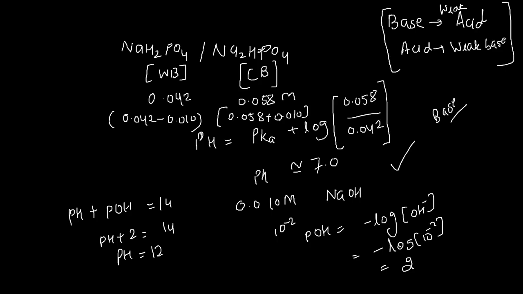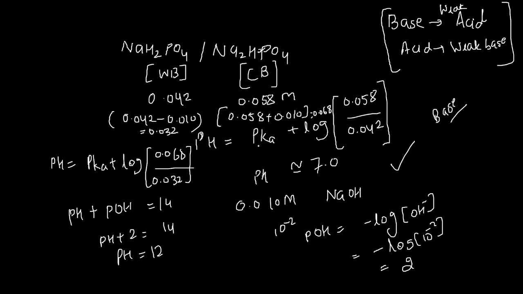So when you do this calculation and calculate the pH, pH is equal to pKa plus log of conjugate base, which is 0.068, over weak acid, which is 0.032, because this will become 0.032 and this will become 0.068.